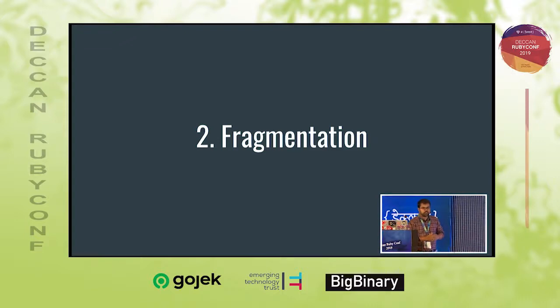The second problem that needs to be fixed is fragmentation. This is not a Ruby specific issue, but it's there with all computer programs. Some of the languages these days have this fixed with compacting garbage collection. But what happens with fragmentation?